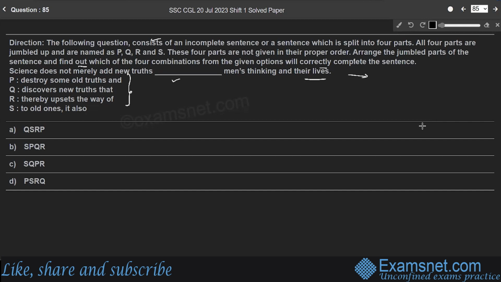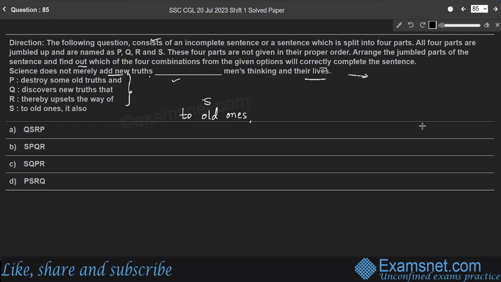So here, the phrase which connects add new truths. Science does not merely add new truths to old ones. There is a connection, new truths to old ones. Therefore, to old ones, which is the S part.